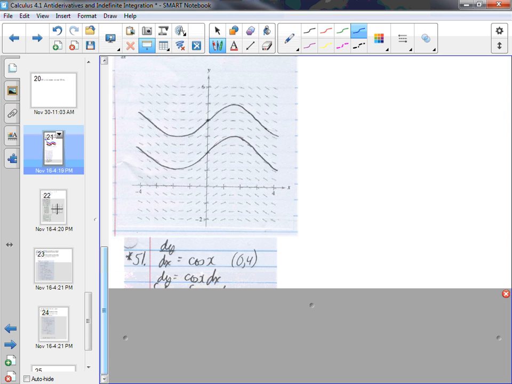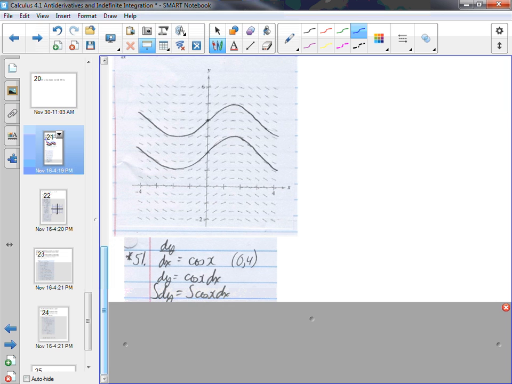So start off, multiply both sides by dx. Take the indefinite integral of both sides. So I've got the integral of dy equals the integral of the cosine of x dx. Now, on the left, that's the integral of 1 dy.